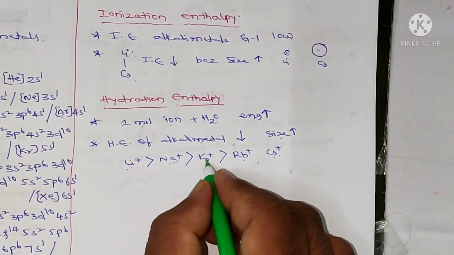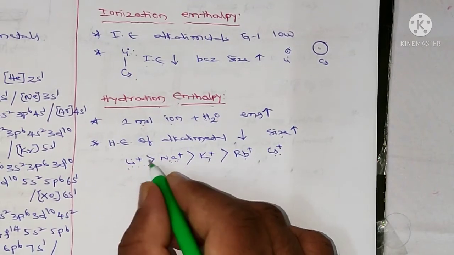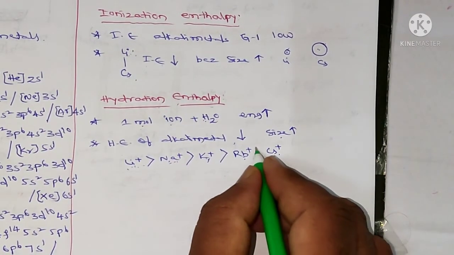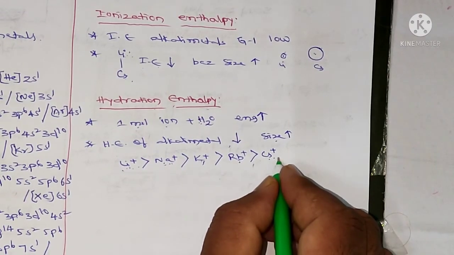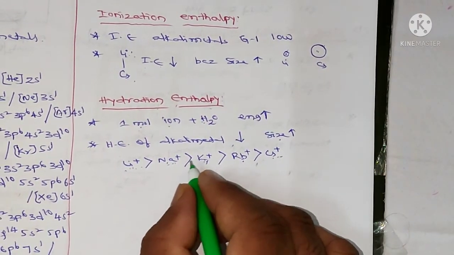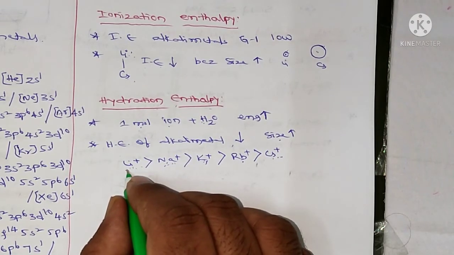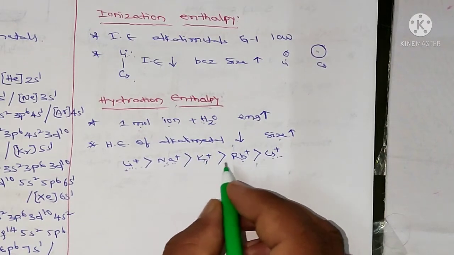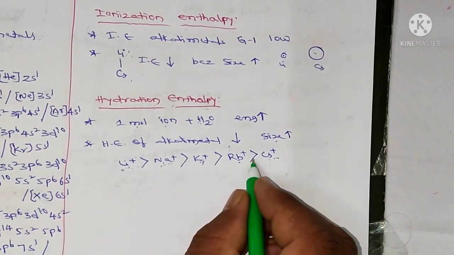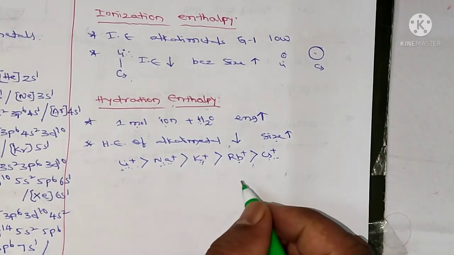Potassium plus has more than rubidium and cesium and less than sodium and lithium. Rubidium has more than cesium and less than potassium, sodium and lithium. So the hydration enthalpies of alkali metals decrease with increase in ionic size.